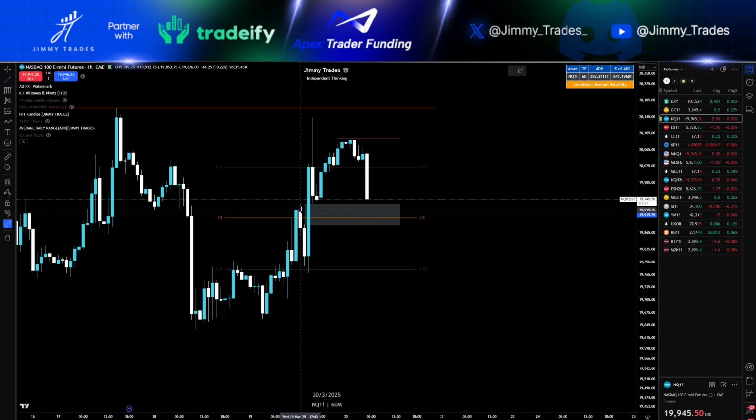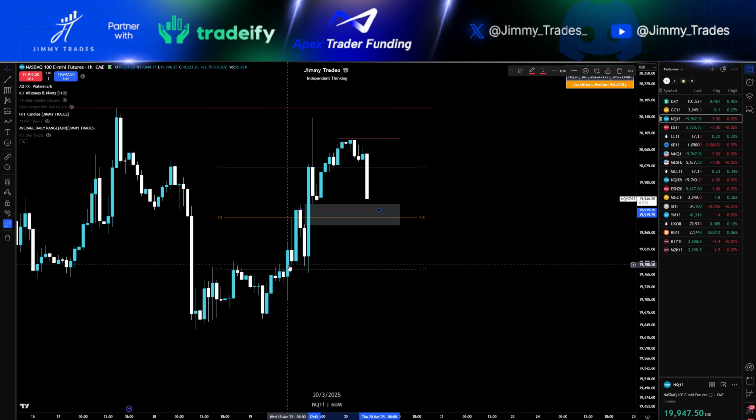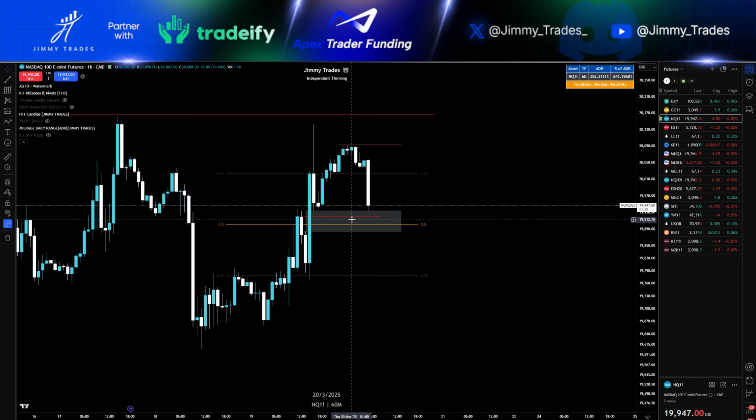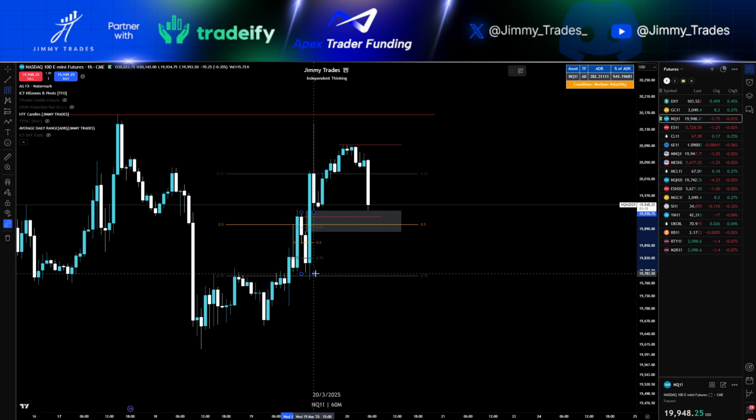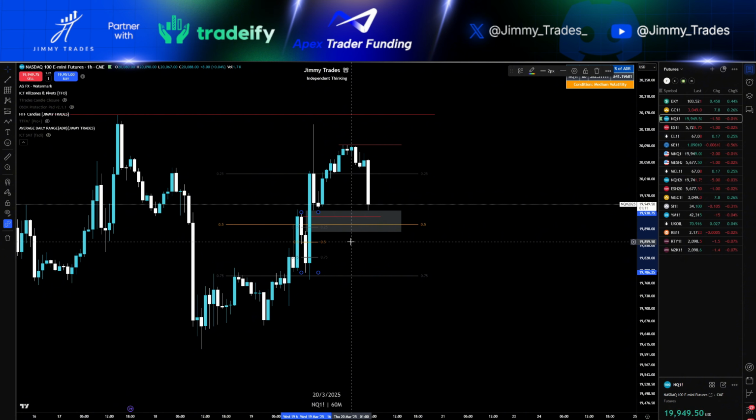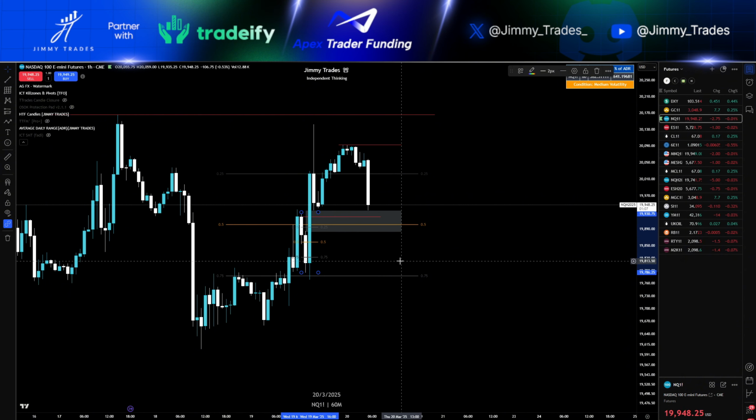What we have here as well, we've got this order block, which came into a bullish FVG. So that validates this great level to find support aligned with this bullish FVG. So if we start to see this invalidated, and what I mean by that is looking at the 50% level of this order block, then I dare say we are going to move lower.